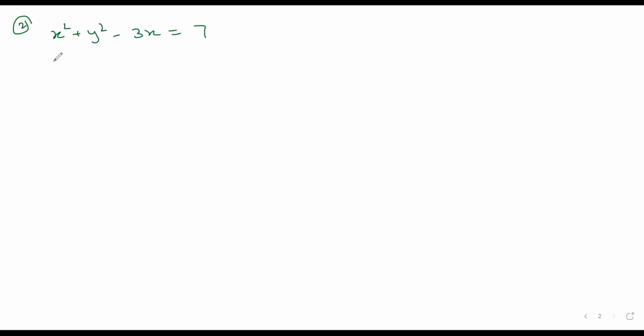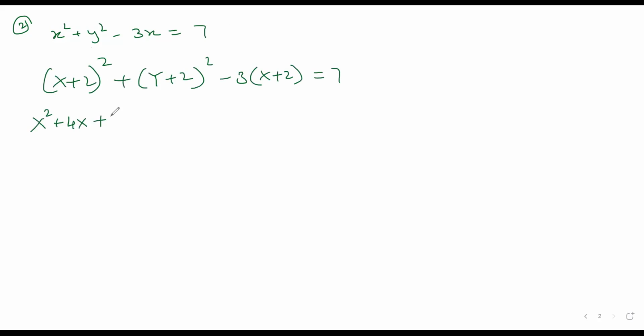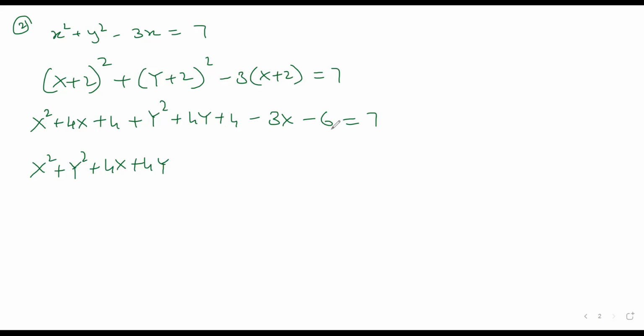To find new equation, in place of x, we'll put the new coordinate, X plus 2, plus Y plus 2 minus 3(X plus 2). Plus 8. Okay, this is 4X.